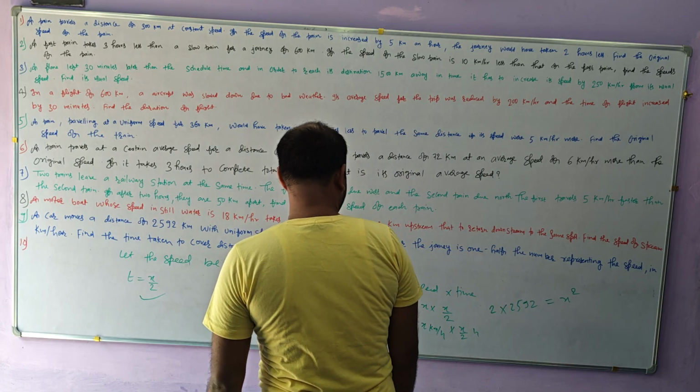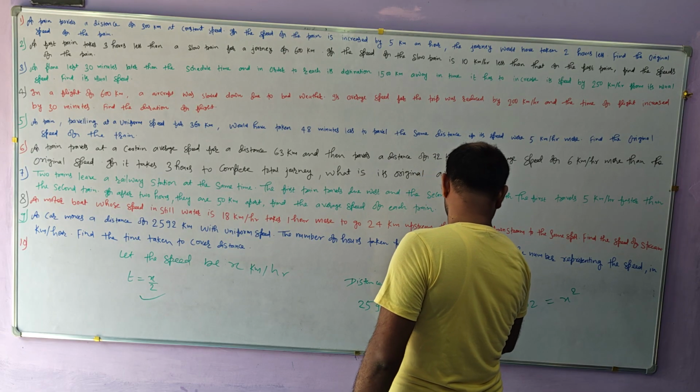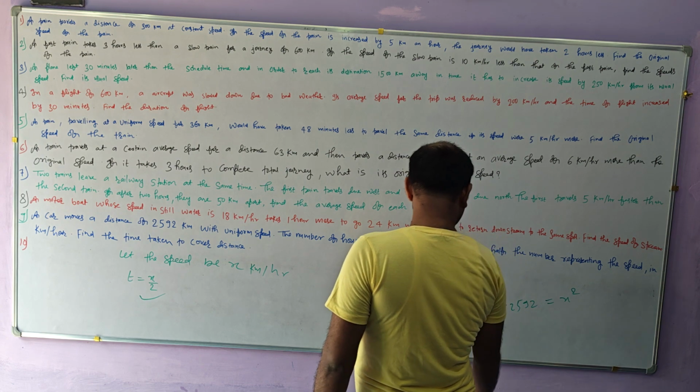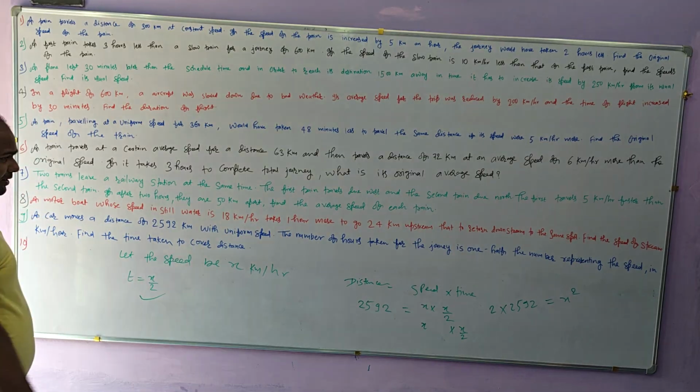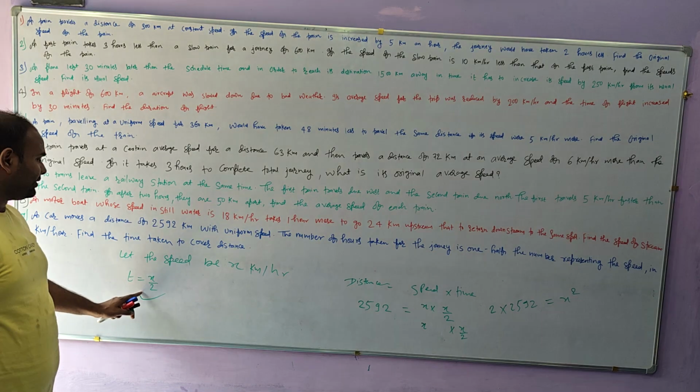So we simply say that without taking units, it's going to be complex. We simply get a result of x squared, and x becomes our hour.